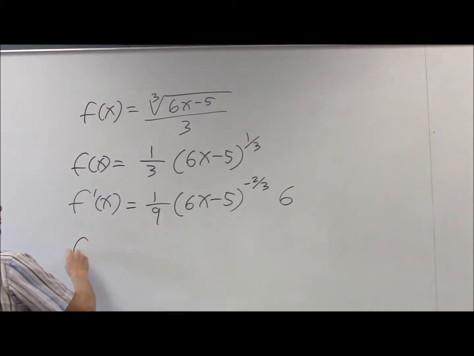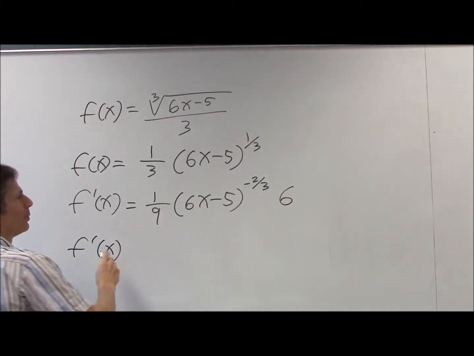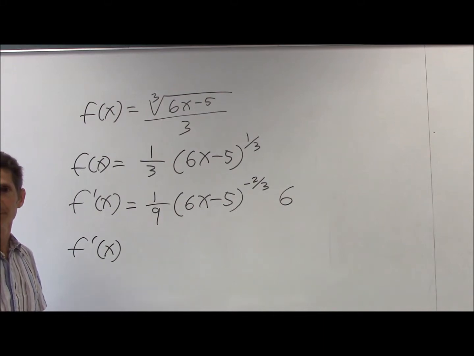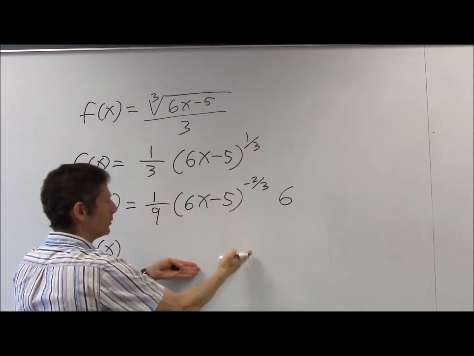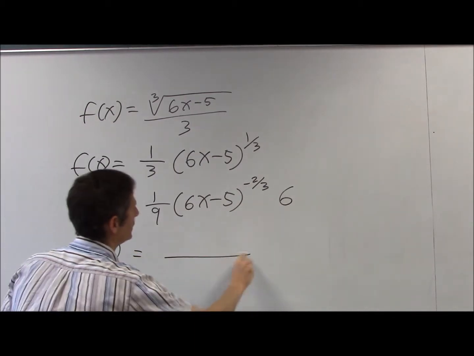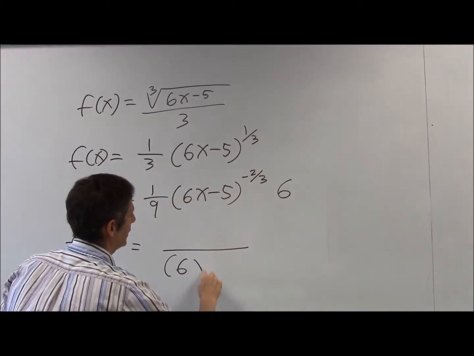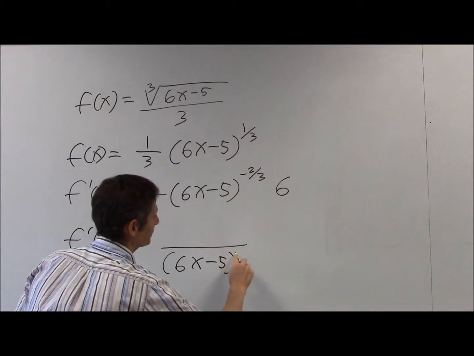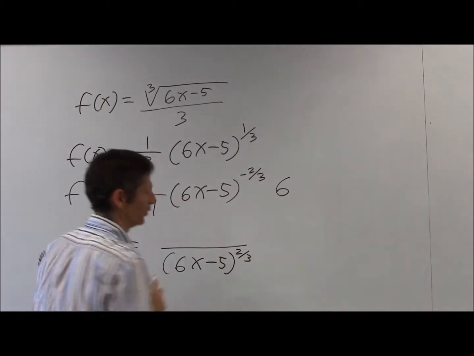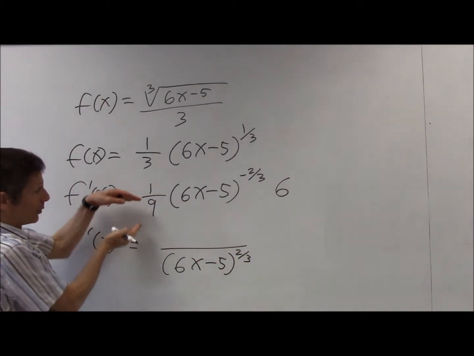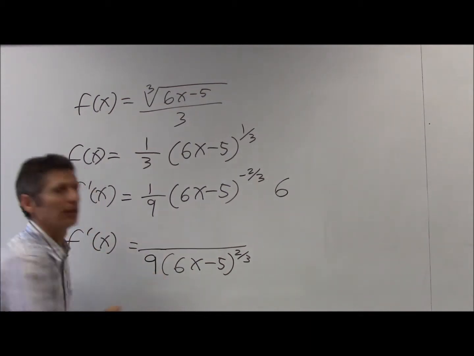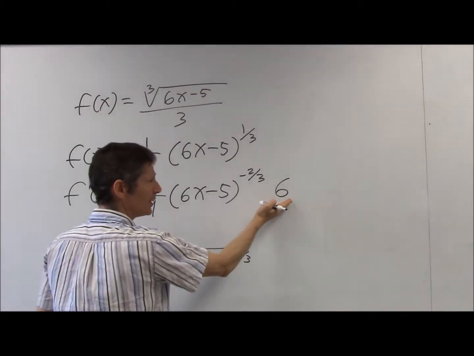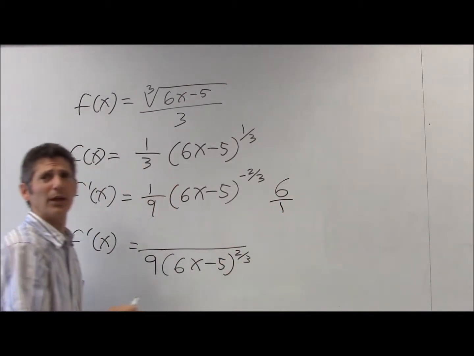I'm just going to rewrite it with my negative exponents downstairs. So I have this whole thing downstairs, that is really 6x minus 5 to the positive 2/3. This 9 is really a downstairs 9. This 6 is really a 6 over 1, that is upstairs.